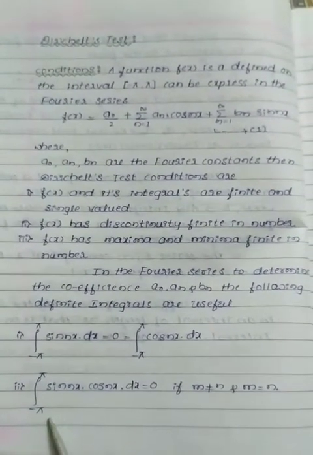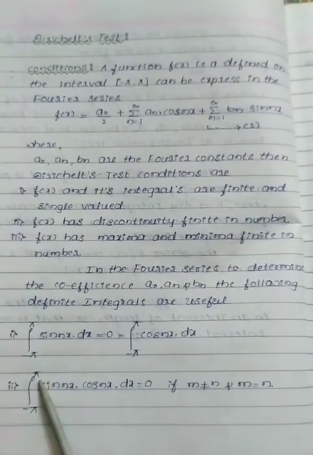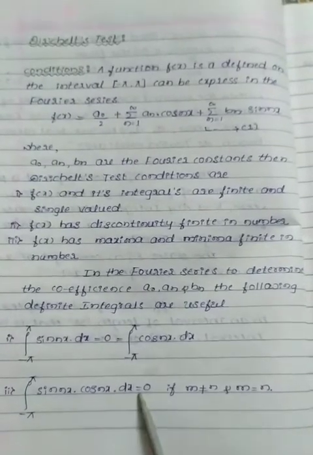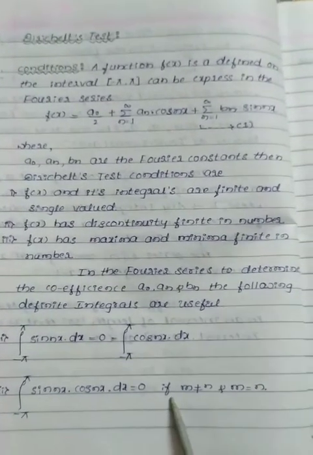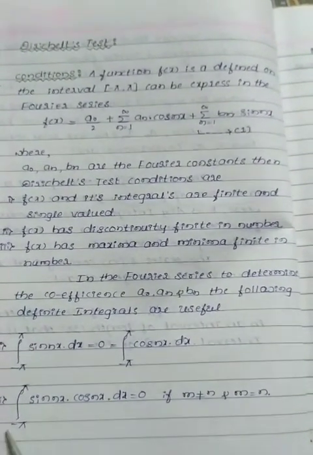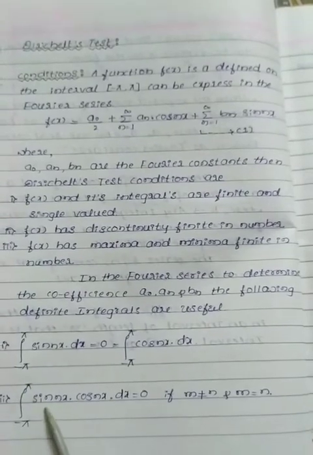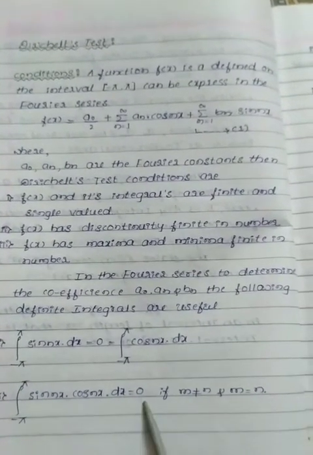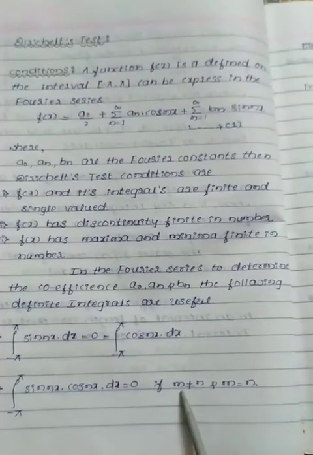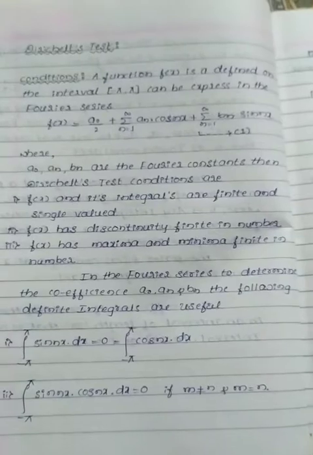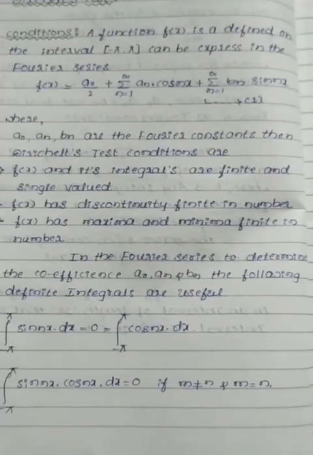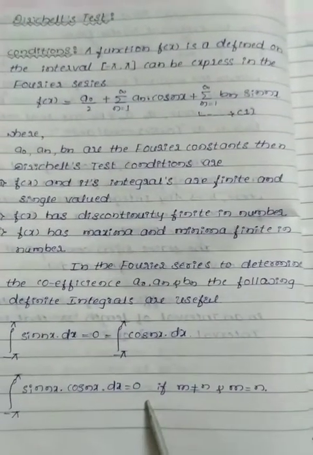Next, the second formula: integration from minus pi to pi of sin mx cos nx dx is equal to 0, whether m equals n or m is not equal to n.